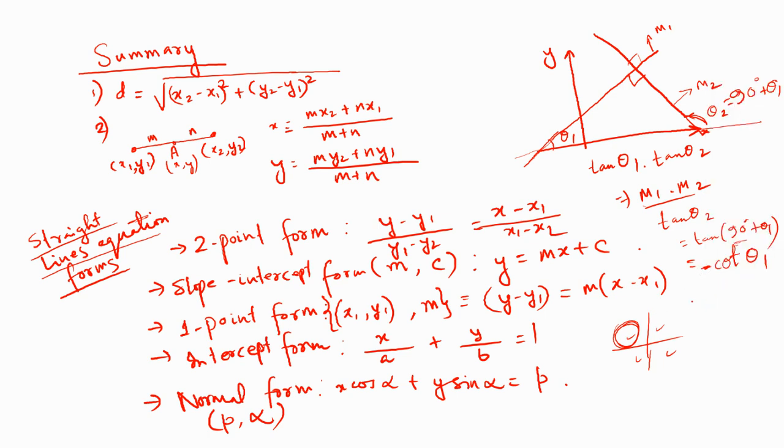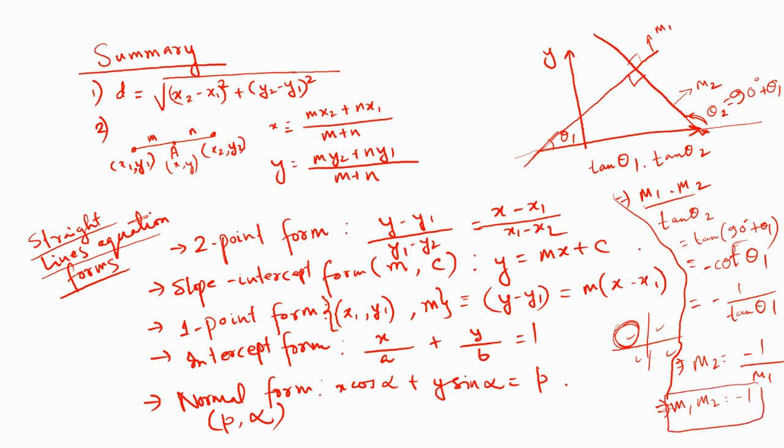So from here we can write this as minus 1 divided by tan theta 1. This implies tan theta 2, which is m2, equals minus 1 by m1. From here, m1 times m2 equals minus 1.